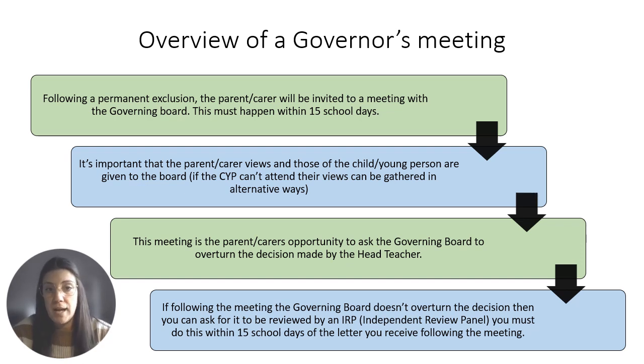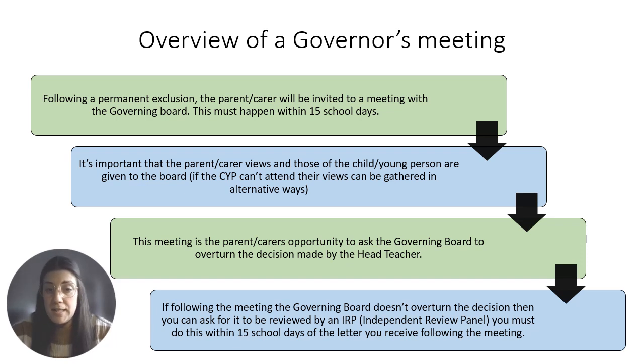It's important that the parent, carer views along with the child and young person views are given to the board, so you will have a date by which you have to make sure you have any evidence or statements that you wish the governing board to look at. It's really important that that's submitted because fundamentally the meeting is an opportunity for the parent or carer or young person to ask the governing board to overturn the decision that's been made by the head teacher.